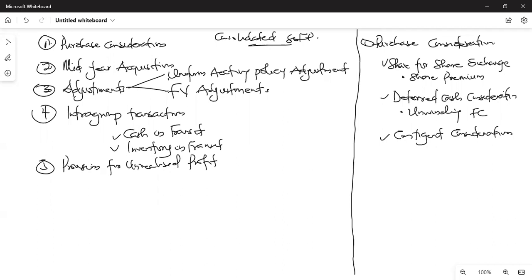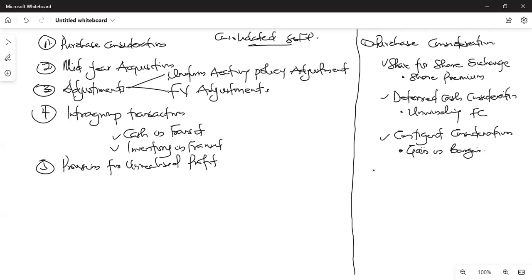That one too, like I've given you the effect of things that are to come, you have to also have at the back of your mind that contingent consideration may give rise to a gain on bargain purchase. Once I start explaining it, you get to know what I'm talking about. It may give rise to that.